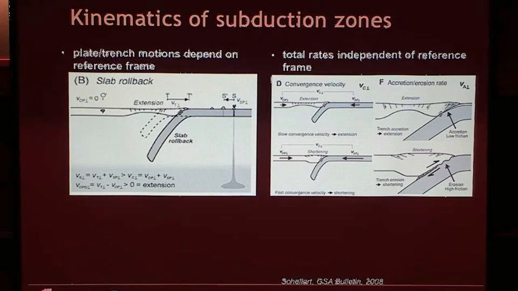Some things are independent of reference frame. Convergence velocity, so one plate moving towards another and the rate that they converge at, that's independent of what reference frame you use, and so is the erosion and accretion rate, because this is local to the trench. All right.